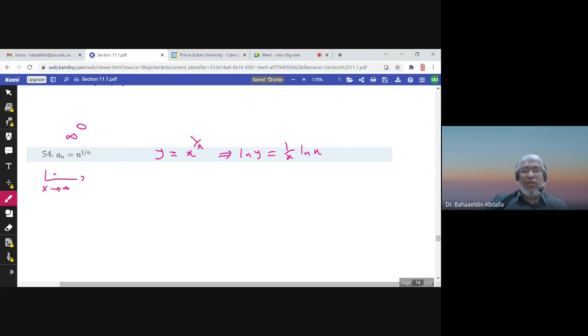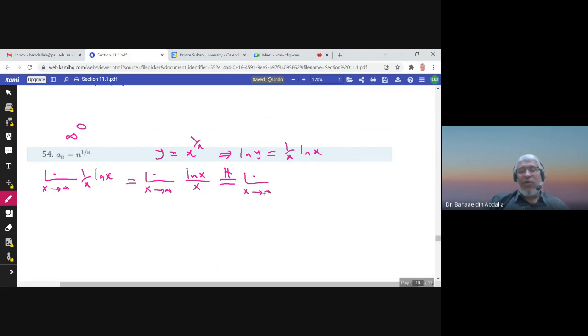Or you find the limit of 1 over x times ln x. Now you see that 1 over infinity is 0. It is 0 times ln infinity, which is infinity, so 0 times infinity. So you try to write it as ln x over x, which would be infinity over infinity. Now you can use L'Hopital's rule.